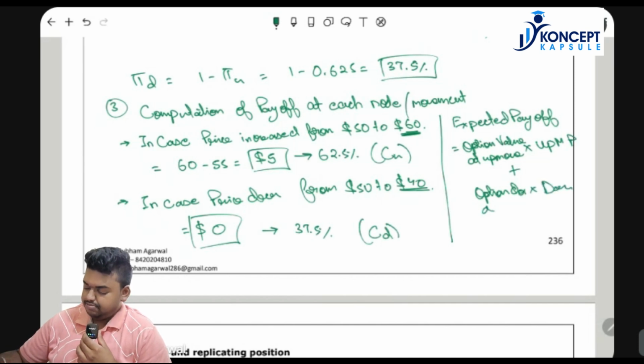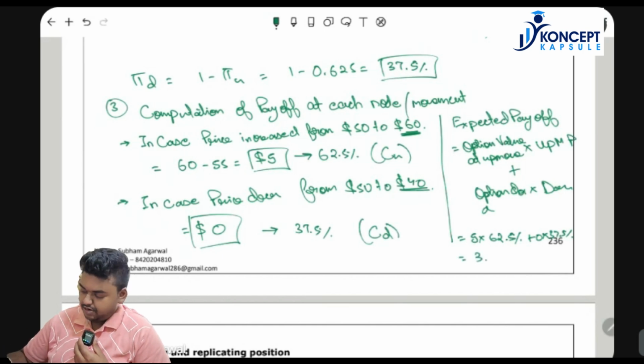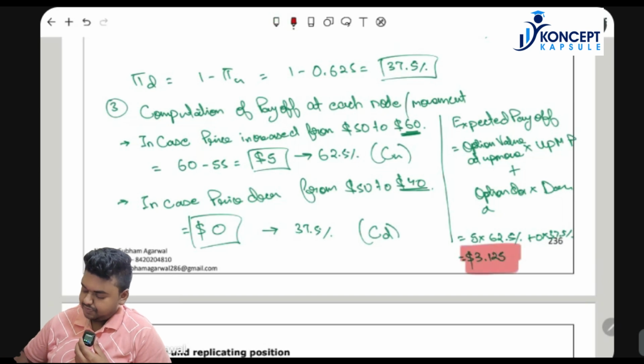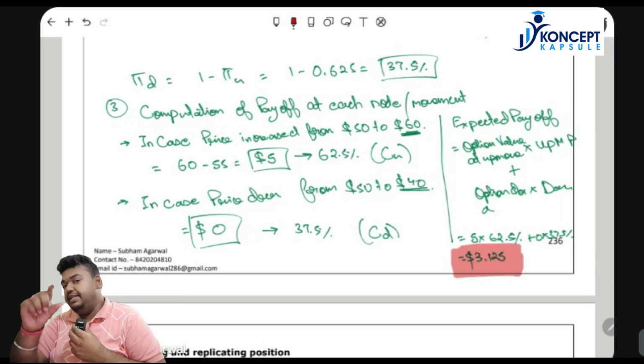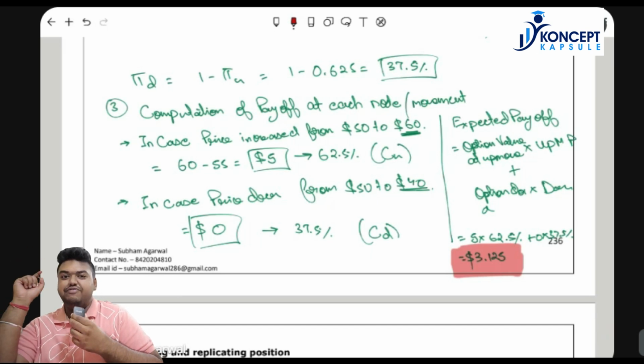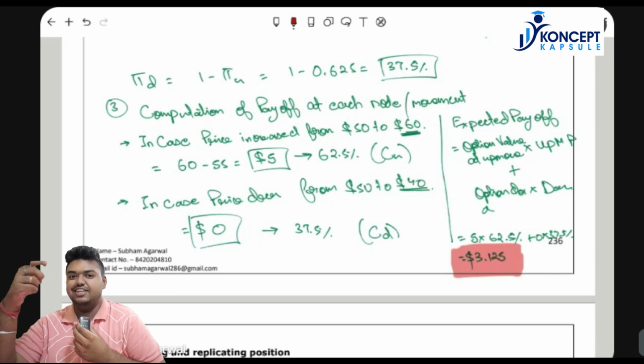So what will be the computation? It will be 5 into 62.5% plus 0 into 37.5%. Guys, are you getting it? So it will be $3.125. So you can say that after one period, I expect to earn 3.125. Why? Because your expectation has two movements, one upwards and the other downwards.